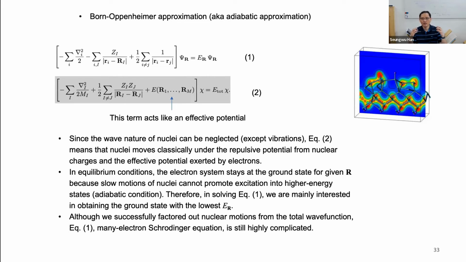Then from the resulting energy, we can treat the atoms, or the nuclei, or the ions, classically, behaving with the potential given by the energy that we have obtained from the quantum mechanics applied on the electrons. So basically we are separating the nucleus and the electrons: we solve the electrons quantum mechanically and the nucleus classically. That's the major idea of the Born-Oppenheimer approximation.